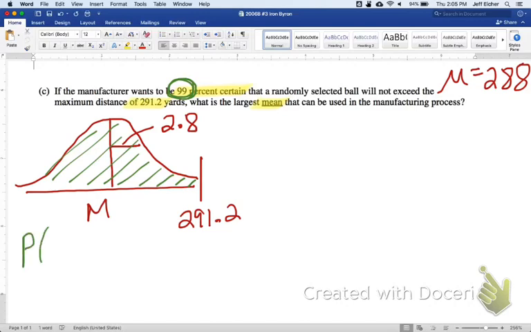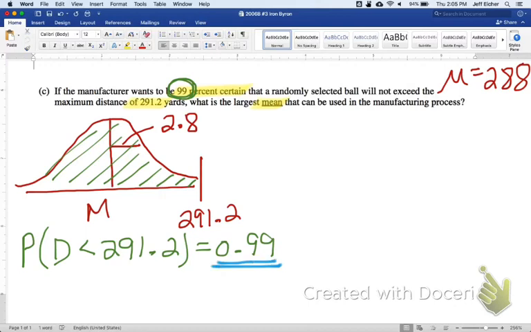So we want the probability that the distance is less than 291.2 to be 0.99, or 99% certain. So in this one, we're not told the mean, and we're given a percentile, basically the 99th percentile.